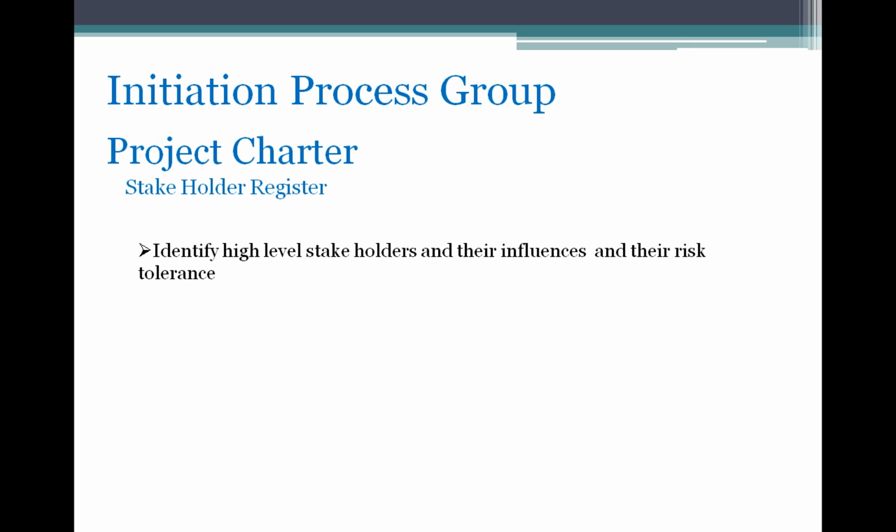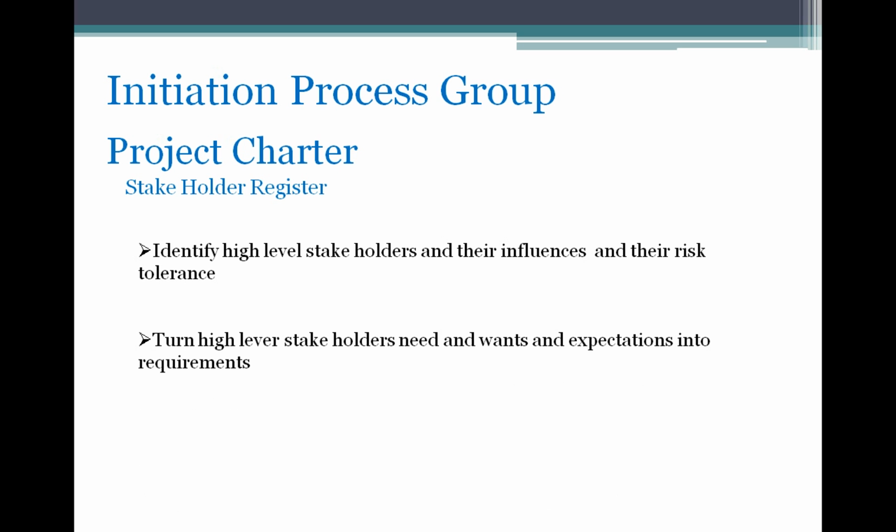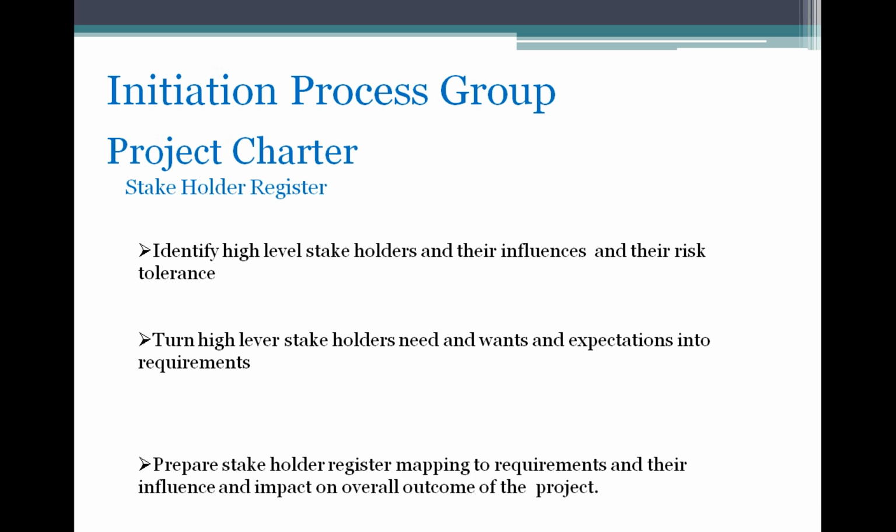He gets all the high level requirements from the high level stakeholders, defines and documents their influences and risk tolerance. The requirements are collected from the high level stakeholders; their expectations and needs are converted into requirements and documented in the project charter.